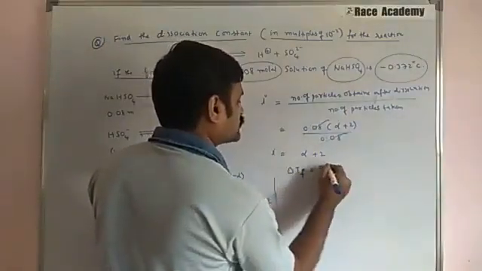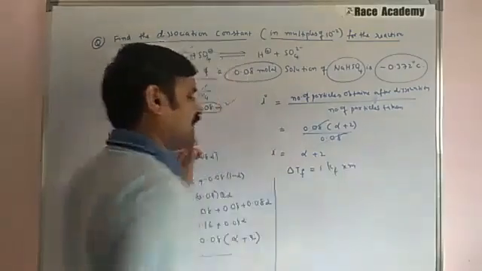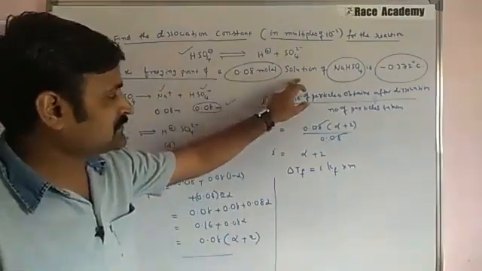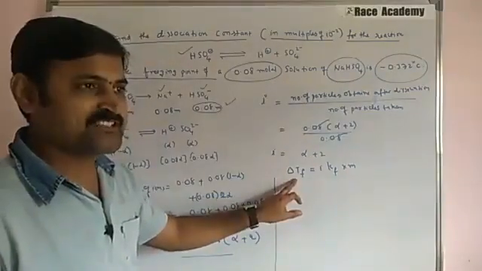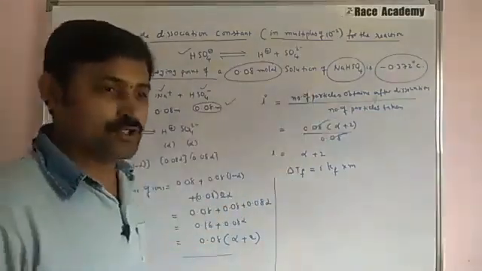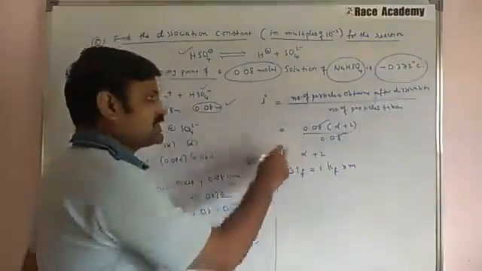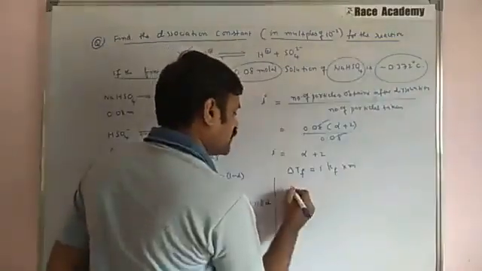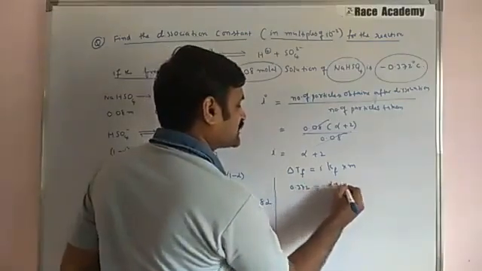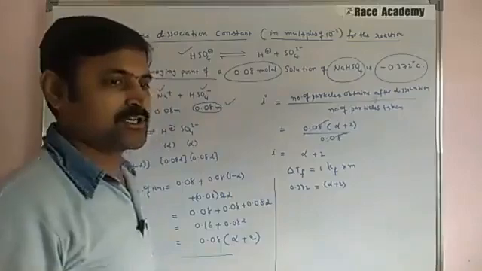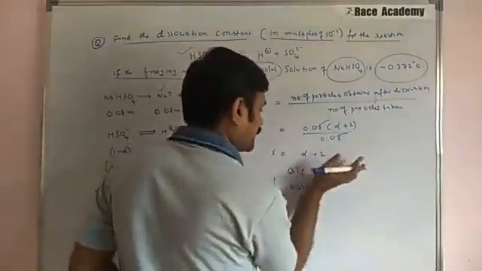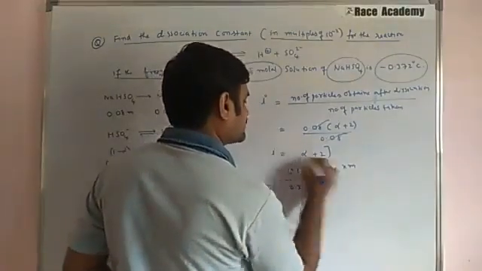What is the freezing point depression expression? Delta Tf is equal to I into Kf into molality. Delta Tf, the freezing point depression, is nothing but the freezing point of the solvent minus the freezing point of the solution. So if you substitute the value, it will become a positive value only, that is 0.372. I value we got is alpha plus 2, or you can continue with this and substitute in this formula.